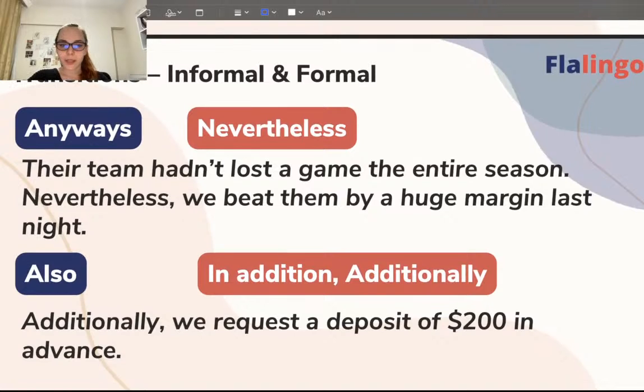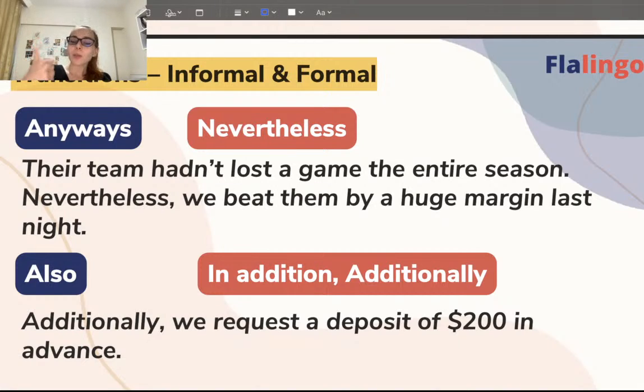Okay, this is a long sentence. Let's talk about transitions. Transition means connecting two sentences in English. So we can say anyways, in general English and daily English, when I'm talking about something, but then I want to talk about something else.